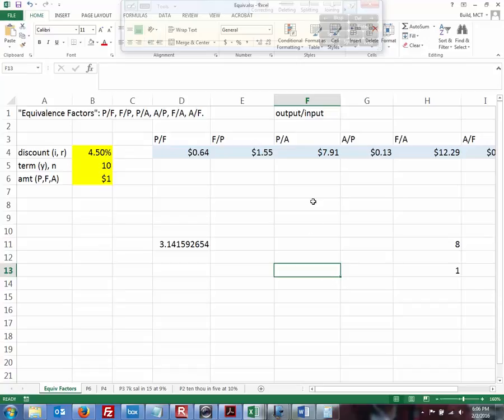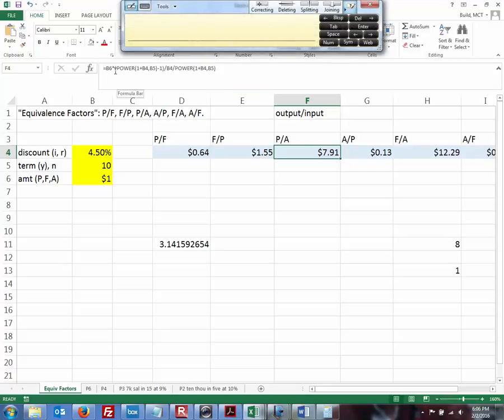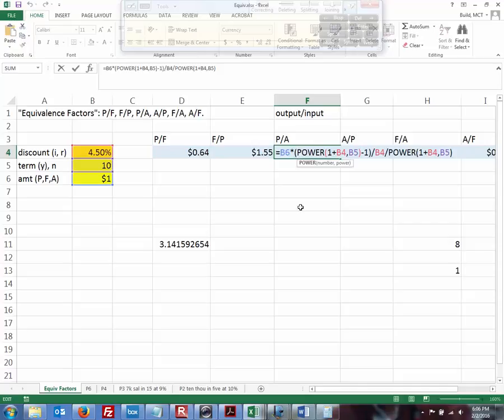Now, the other ones get a little more involved, and here's the answer. I'm not gonna belabor this. I'll just let you know that there's a couple different power functions involved. There's no secret about them. If we go and look at putting in, in this case, the annuity is the input and the power is the output.